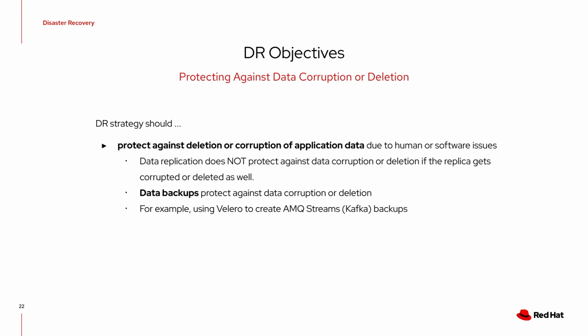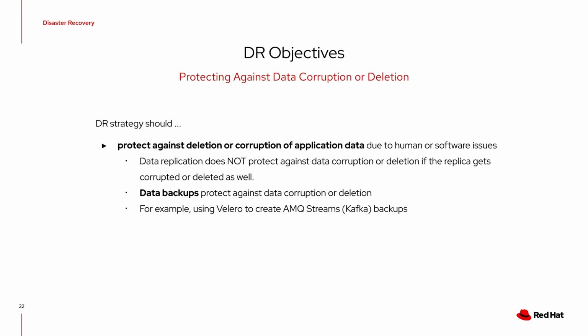Another objective we had for our disaster recovery was that we wanted to protect against data corruption or deletion of data. This could happen by accident due to a human mistake where I go to the database and delete some rows. Or it can happen due to software issues where the new version of the application unfortunately starts corrupting the data. To protect against data corruption, replication doesn't really help.